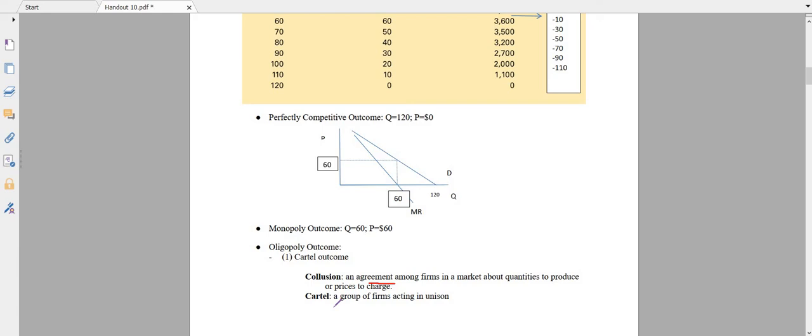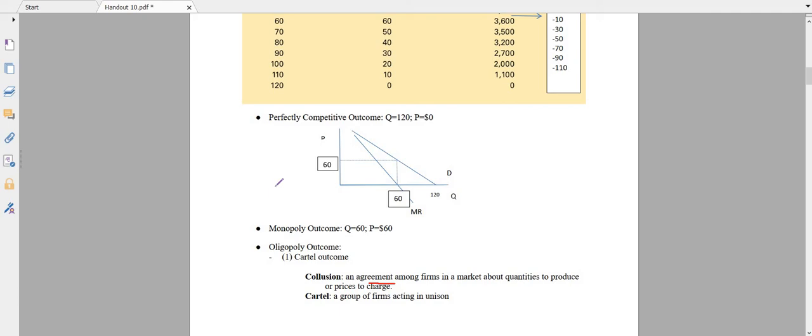A cartel is a group of firms acting in unison. So if A and B form a cartel, they are actually operating like a monopoly. So the cartel outcome is going to coincide with the monopoly outcome. I guess that's not very difficult to see. A cartel is just like a monopoly.